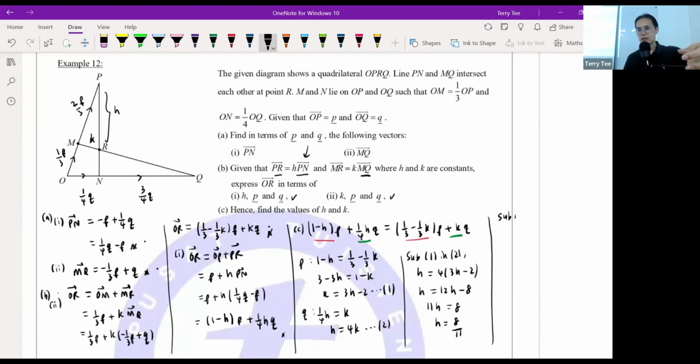I sub inside equation number 1. h is 8 over 11 minus 2. This is 24 minus 22, which is 2 over 11. So k is 2 over 11. h is 8 over 11.